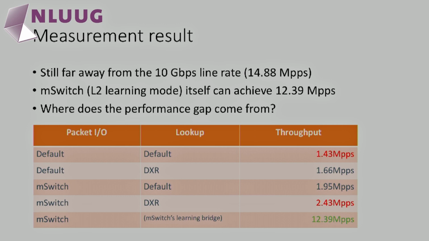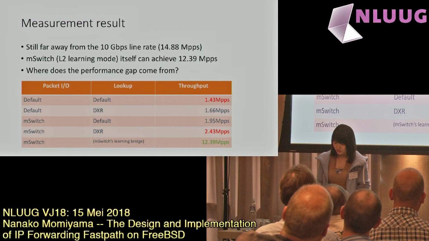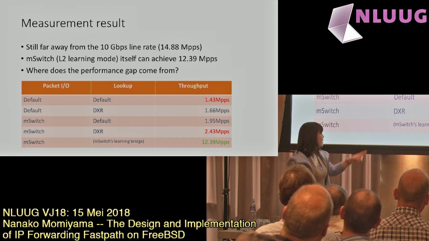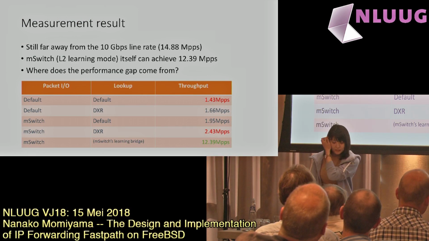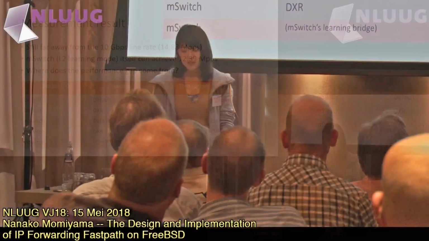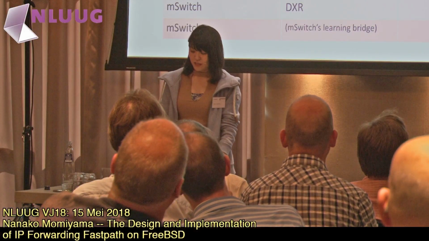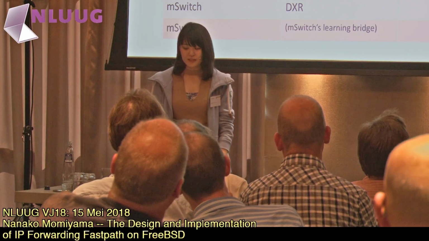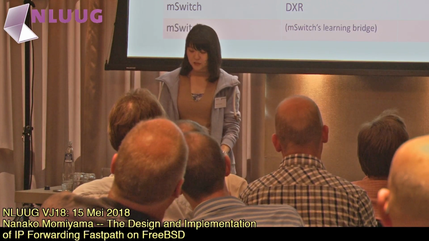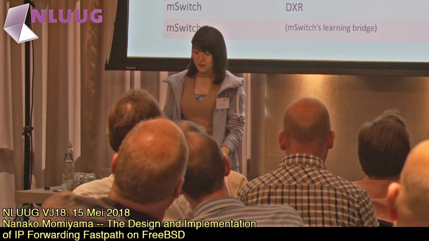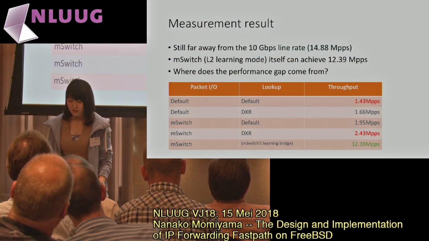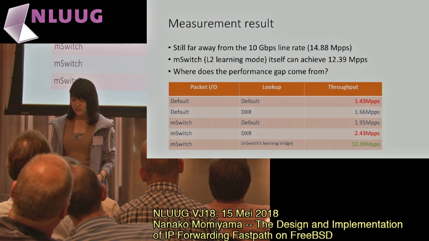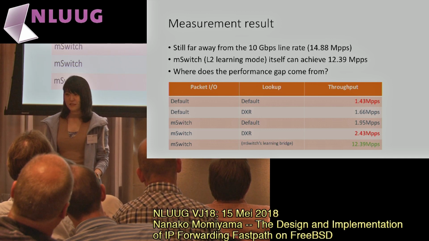And this is the measurement result. Our default throughput is 1.43 million packets per second. Replacing the I/O and the lookup, each of them affects the throughput, but this result also shows that even if we apply both fast packet I/O and route lookup, it is still far away from the 10 Gbps line rate.